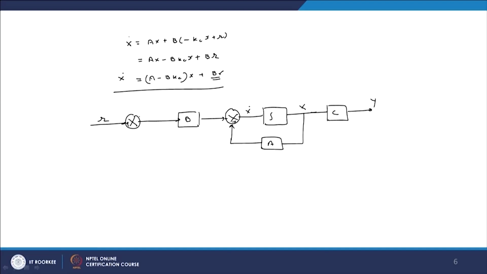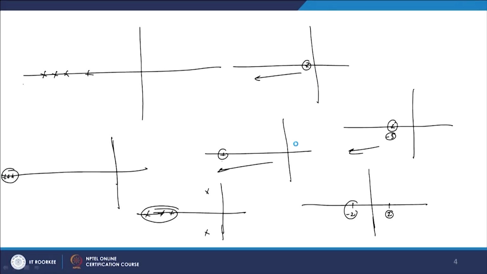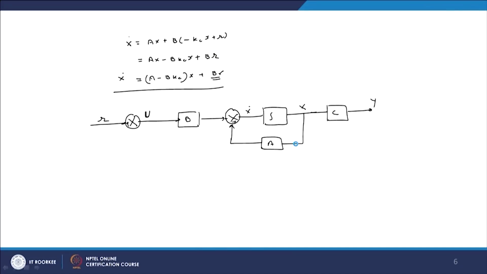Here we have x dot equals Ax plus Bu, and this is u. You will find that u equals minus Kc x, that means we use a control law where Kc is the controller, this is negative, and it comes from this state x.